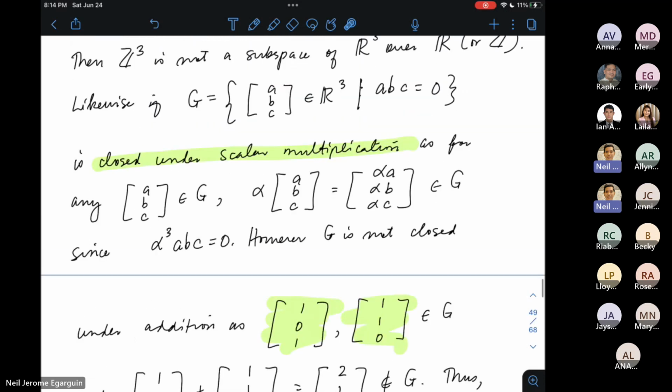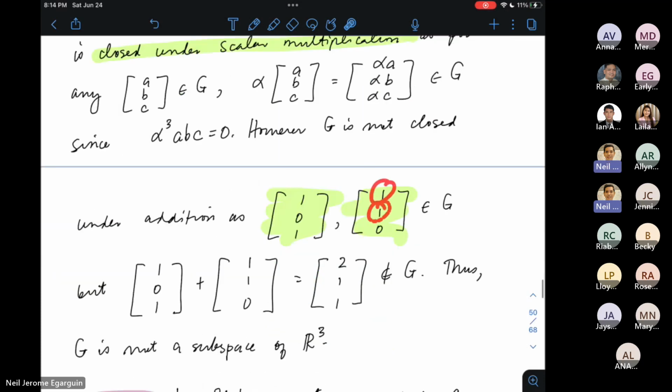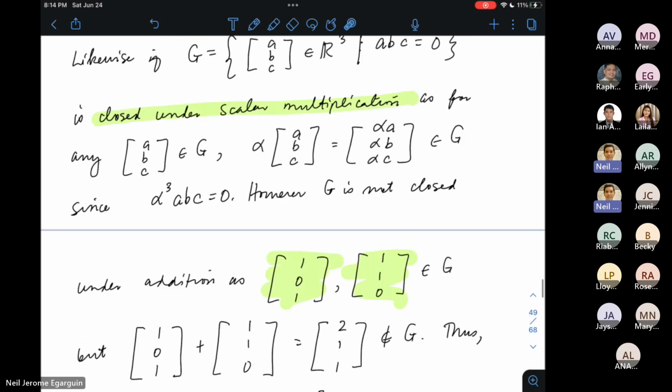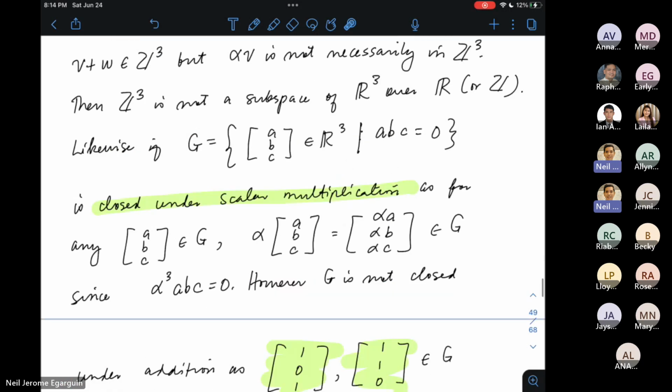Yun yung requirement para mapalagay ka kay G, right? Yung 1 times 1 times 0 ay 0 din, so pasok siya kay G. Pero pag inadd ko na itong dalawa na to, 101 plus 110, ang sagot ay 211. Pero yung 2 times 1 times 1 ay 2, hindi na equal kay 0, so this guy doesn't belong in G. Kasi para mag-belong ka kay G, dapat ay ang product ng laman mo ay equal kay 0.